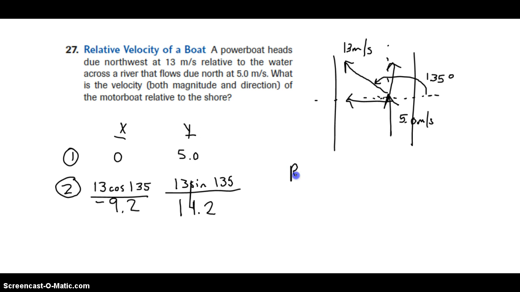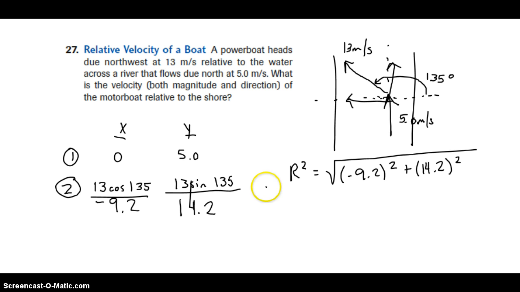To get the magnitude, remember, we want to take the x component squared plus the y component squared using the Pythagorean theorem, and we do that, we're going to get 16.9, or 17, for our resultant vector, its magnitude.